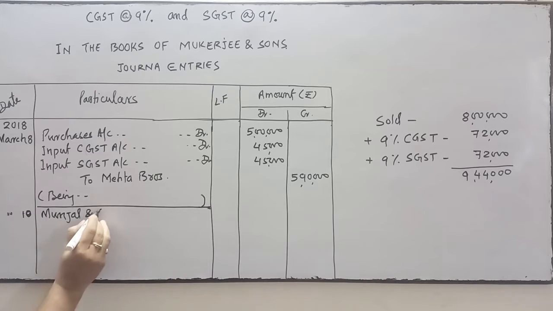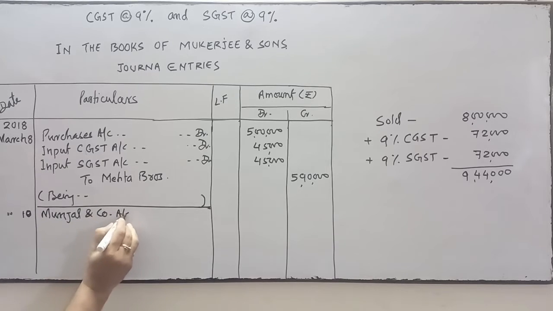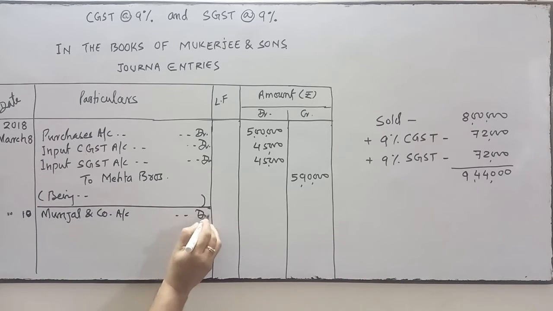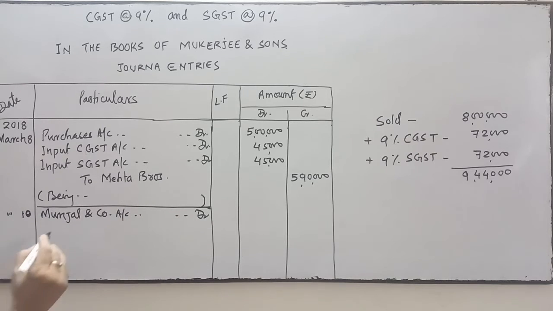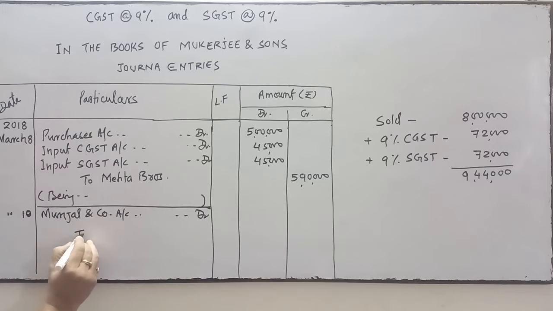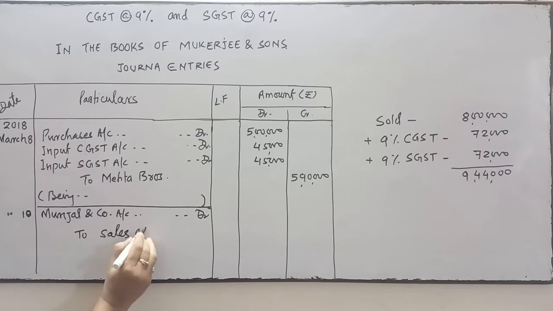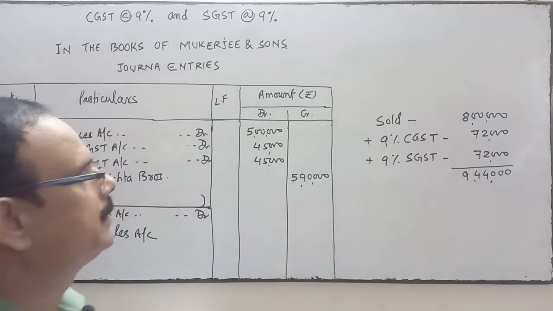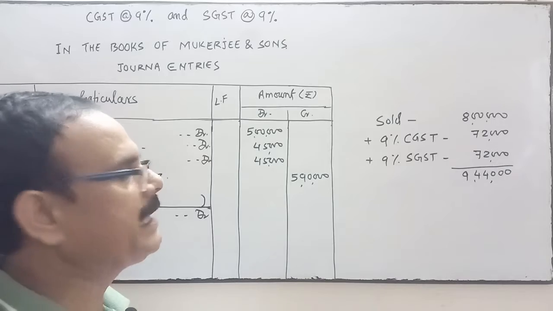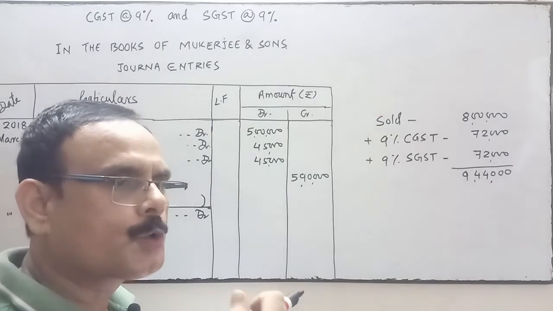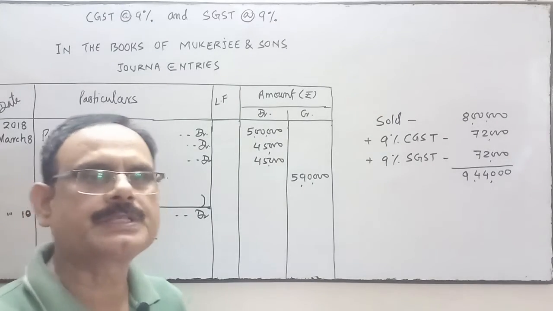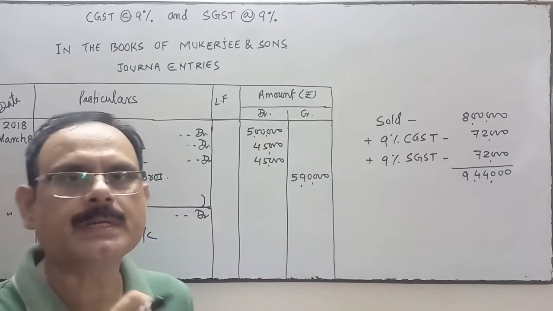So the entry will be: when we sold goods to Munjal on credit, Munjal and Company account debit, because goods are sold on credit, to sales account. At the time of sale, this CGST and SGST is called output CGST and output SGST.